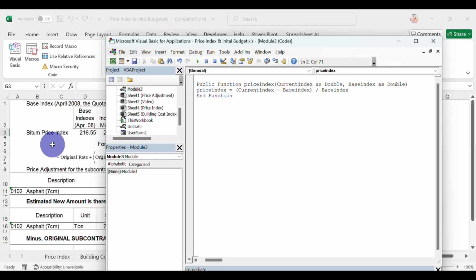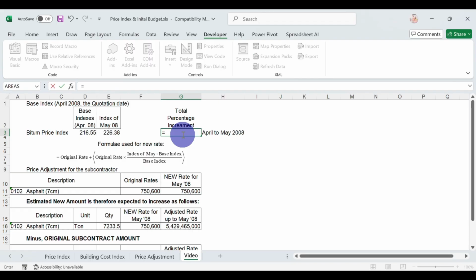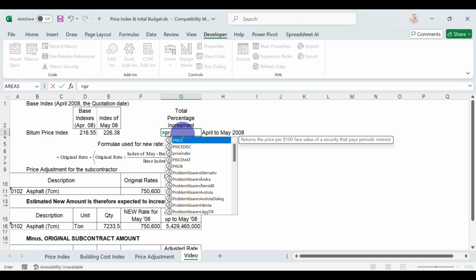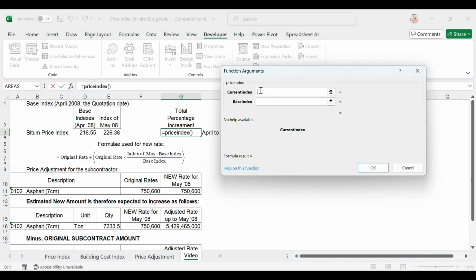Please make it disappear, and then here we put our cursor over here and type equal and type price index. Here is the price index we already made. We will click here, and then it appears as this area, the fx. We click fx in function, and we will input the current index, the argument.